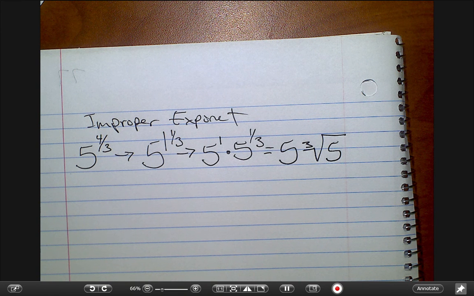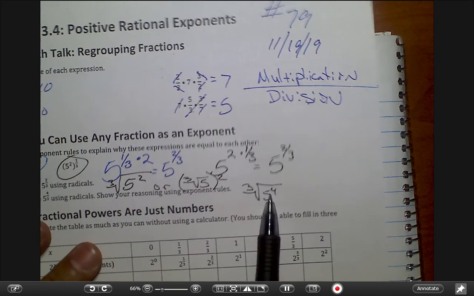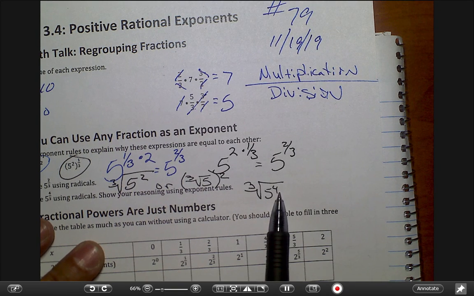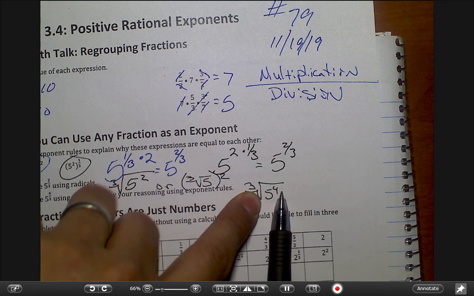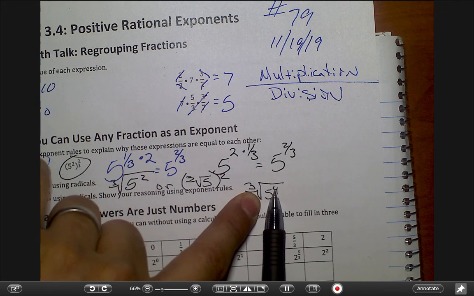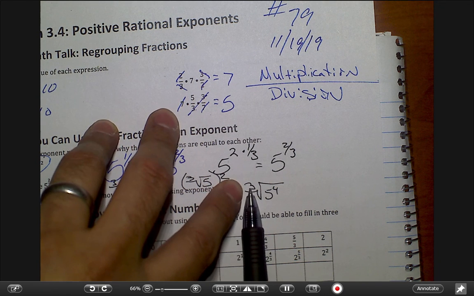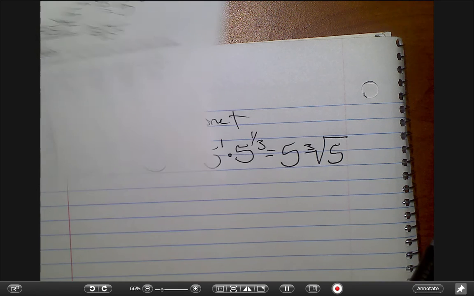Does that make sense? No? Okay. So, if you notice, I had 5 to the 4th right here, right? Because of this, I have more than what this is. So let's do a square one.